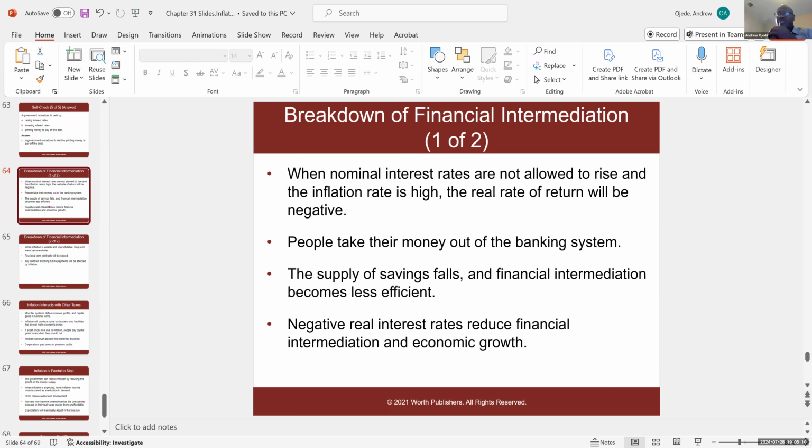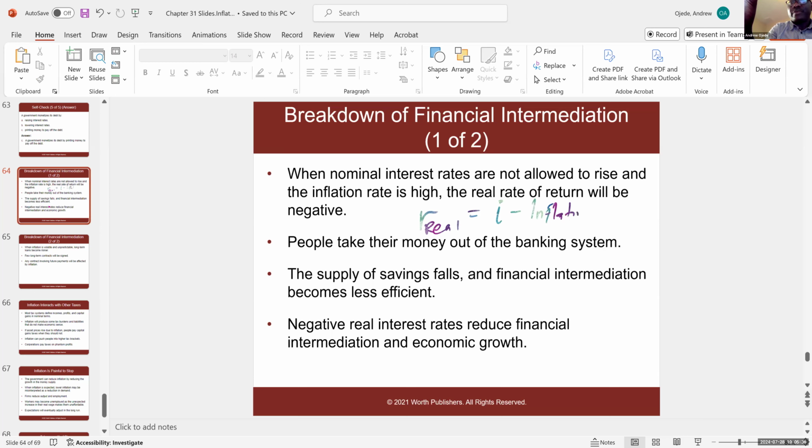They don't want price gouging on what? On borrowers. So if interest rates are not allowed to rise and inflation is rising, then the real rate of return can be negative. Because remember, again to remind you, the real rate of return equals the nominal rate of return minus inflation.